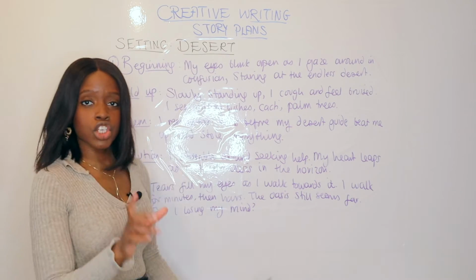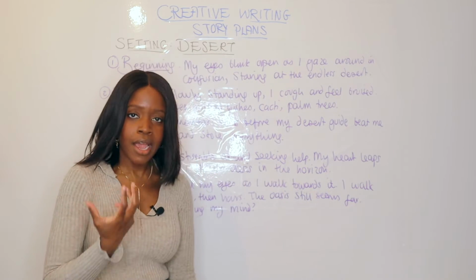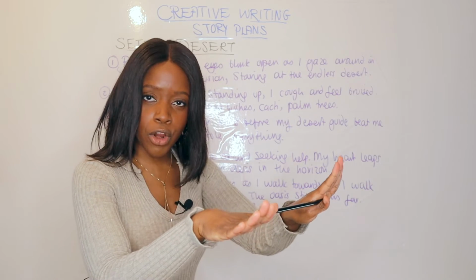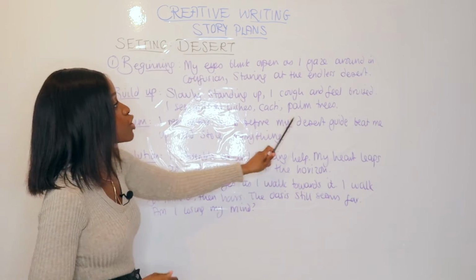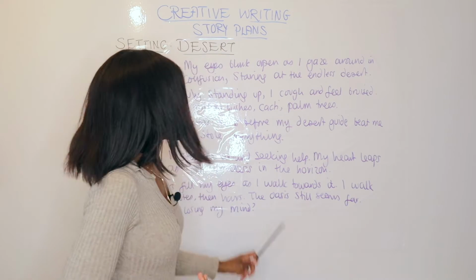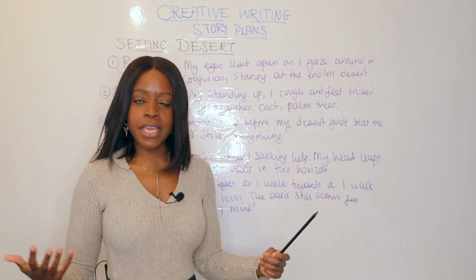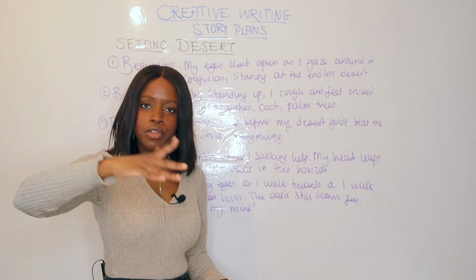This is where the structure you could use can be quite interesting, because now you can introduce a bit of a flashback. Be very careful with flashbacks and flash forwards. They have to seamlessly flow into your story. But this is a good example of how you can use a flashback, because as you look around, you suddenly remember, in your problem paragraph, that hours before you had a desert guide. Maybe you paid a desert guide to guide you on camelback through the Sahara Desert.